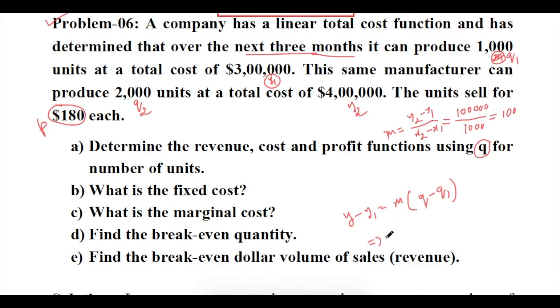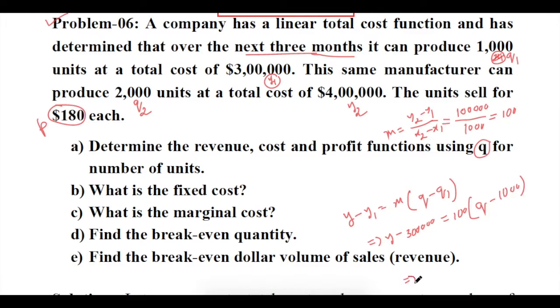Therefore, y minus y1, which is 300,000 or 3 lakhs, is equal to m into q minus q1, which is 1000.